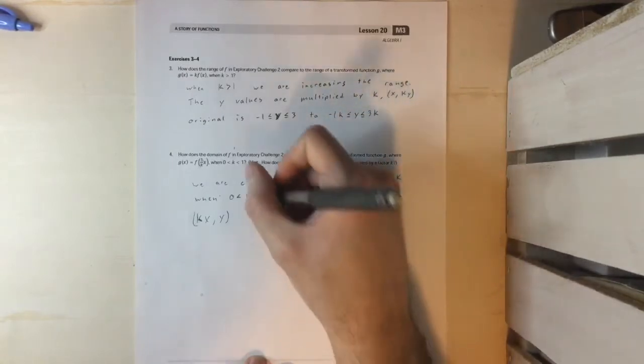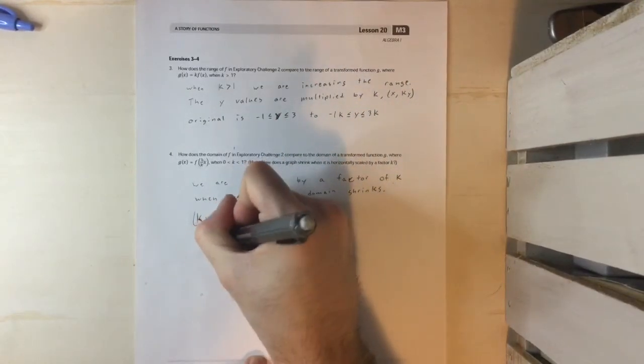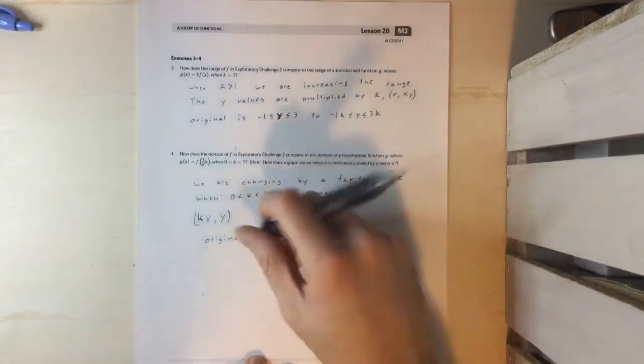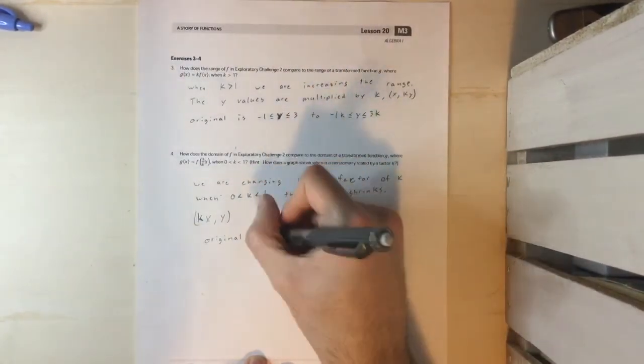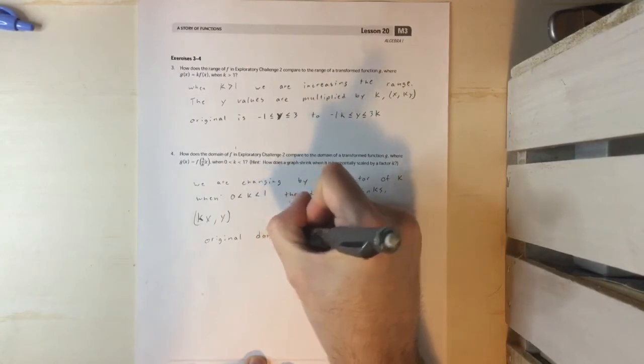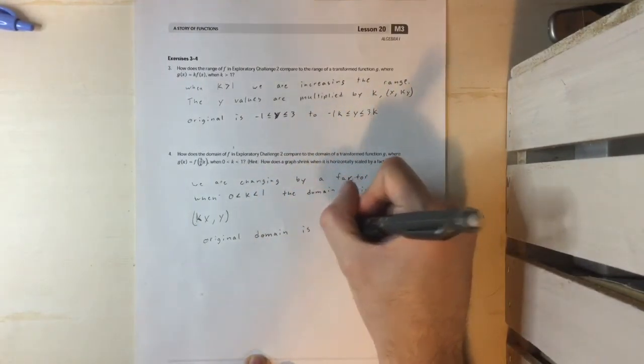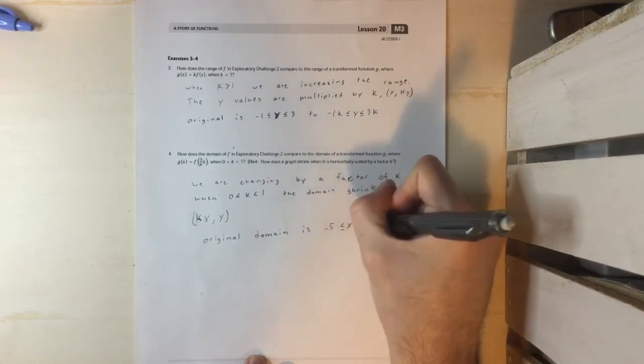So we could remember stating the original domain. So the original domain is -5 less than or equal to x less than or equal to 5.